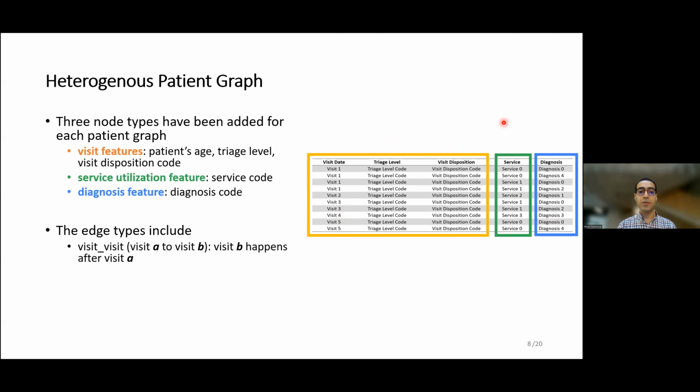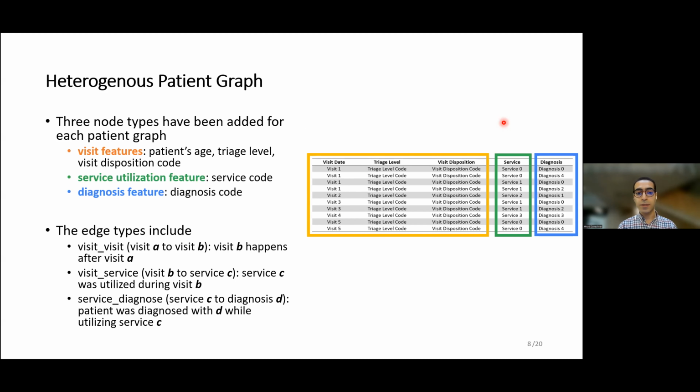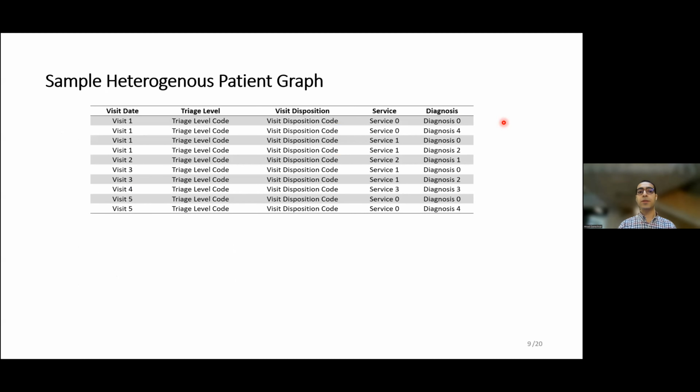Visit A to visit B shows that visit B happens after visit A. Visit service shows service C was utilized during visit B. And service diagnosis edge, which connects service C to diagnosis D, for example, shows that the patient was diagnosed with D while utilizing service C.